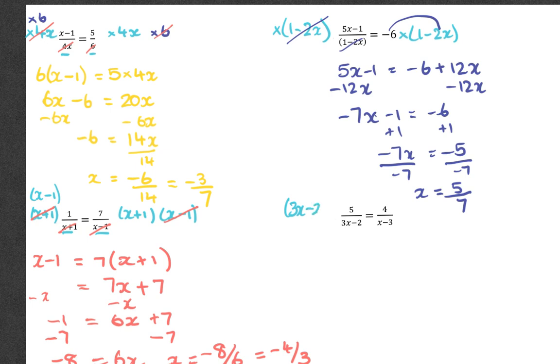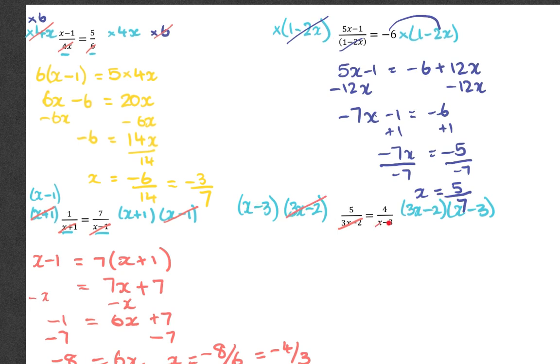Alright, similar question. Number on the bottom, the denominator, we need to multiply by itself. Number on the bottom, we need to multiply by x minus 3 on both sides. So 3x minus 2 is up here and up here.